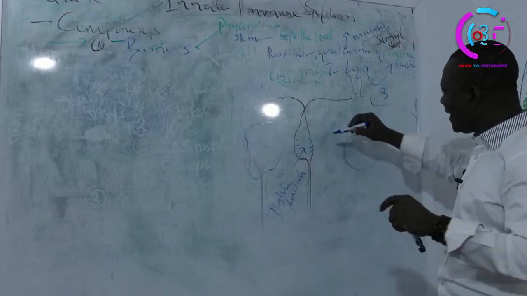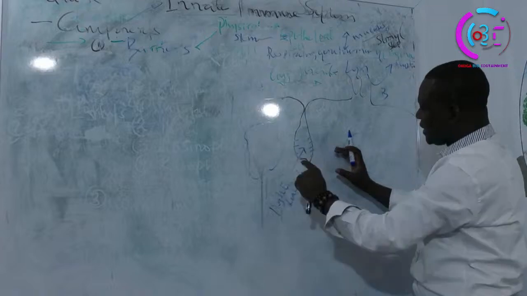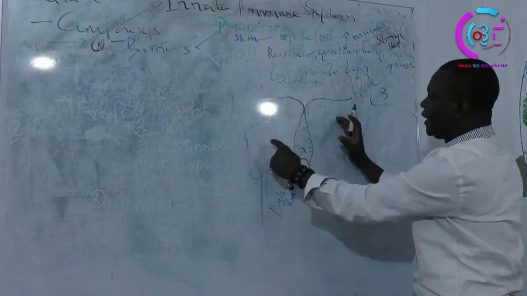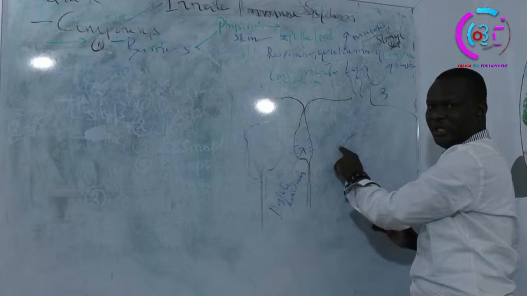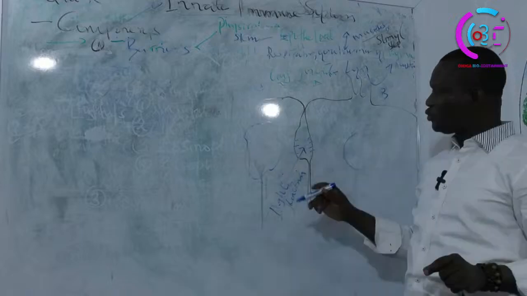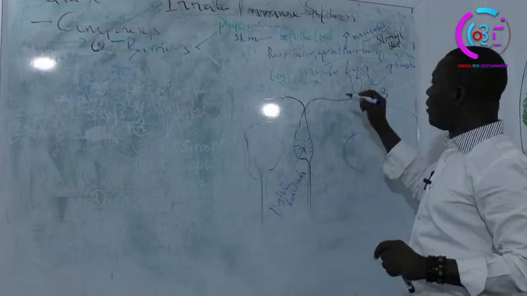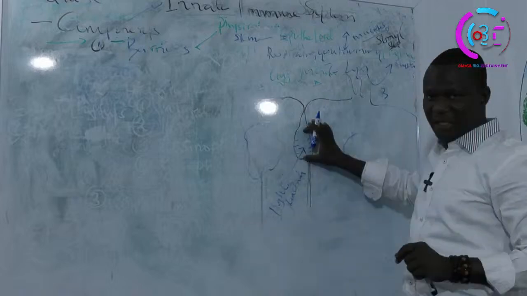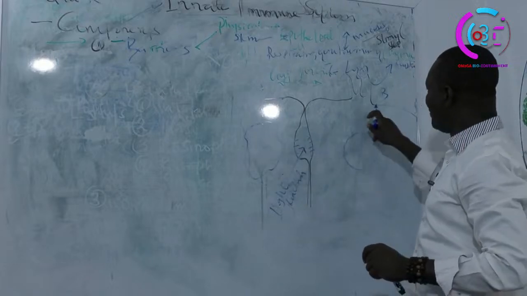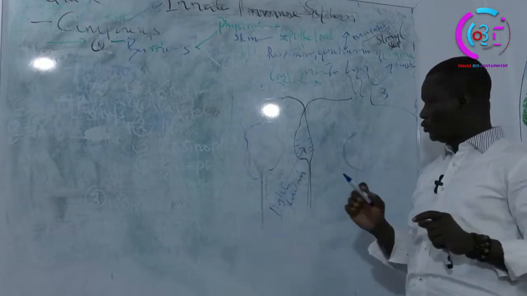It is this part of the epithelial cell that cell A and cell B use to communicate. So if there is infection of the cell by microorganism, cell A and B will communicate with each other.